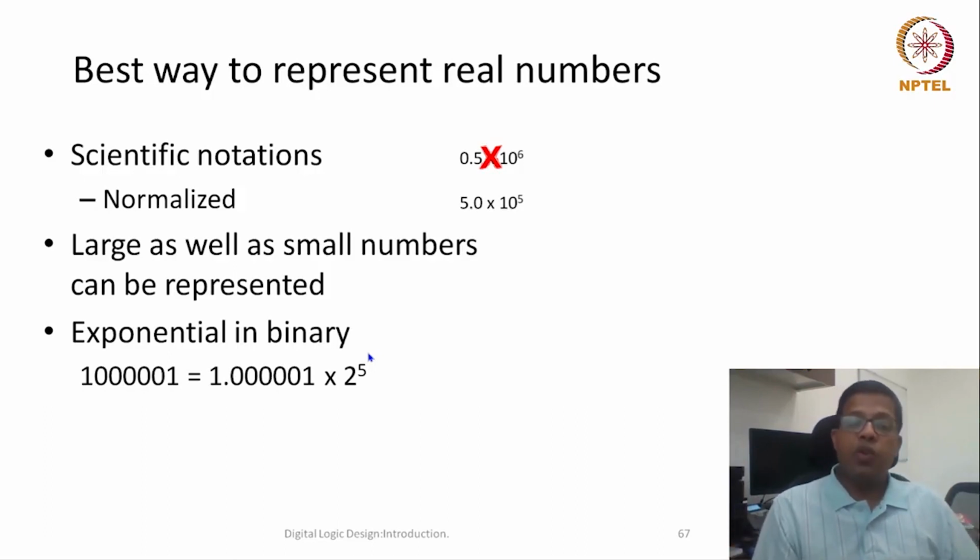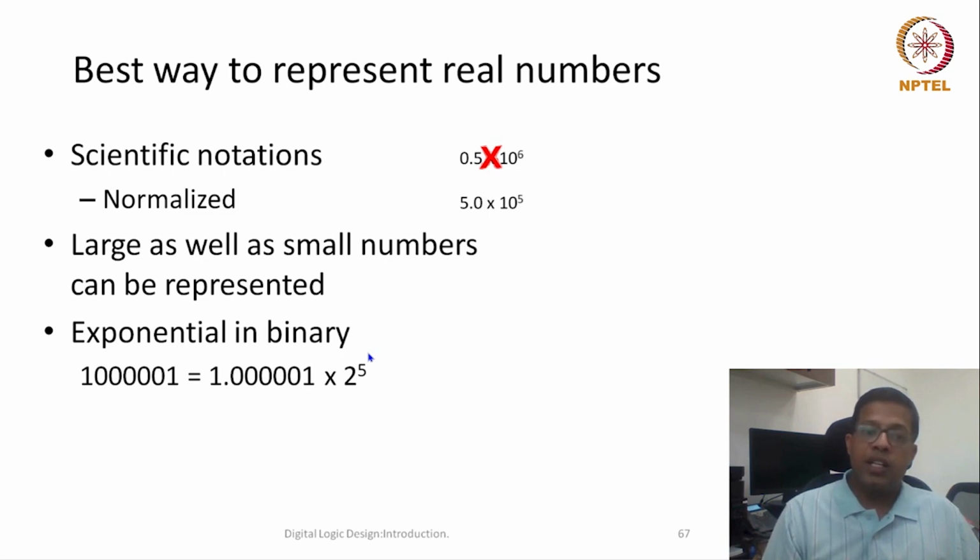Now this particular way of representing a real number satisfies most of our requirements with a small exponent, not a very large exponent. The examples we have seen in our previous slide were talking about 10 to the power 20, 10 to the power 30 as the largest numbers. Because it is in exponential form, I would require a very small number of digits to represent that.